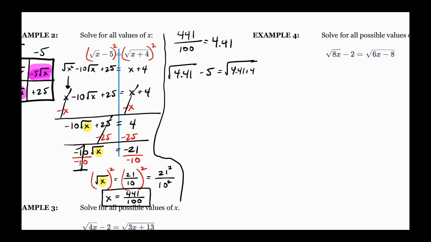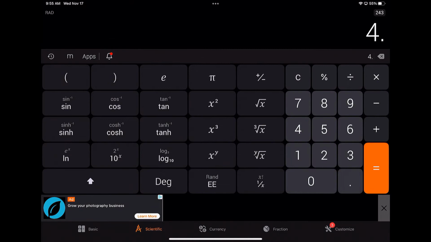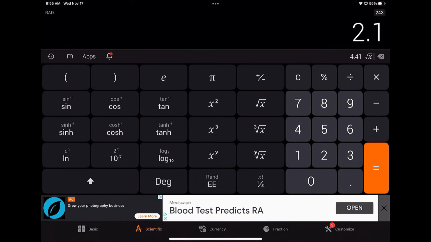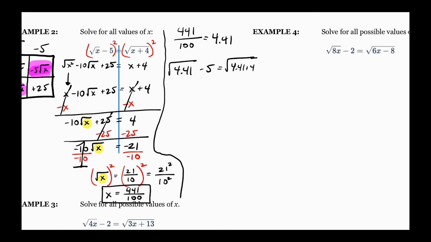So then you go to your calculator and figure out what the square root of 4.41 is. 2.1. And then over here you get 8.41 when you add 4.41 and 4.